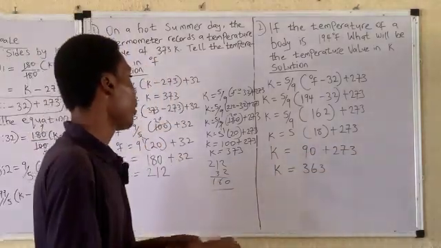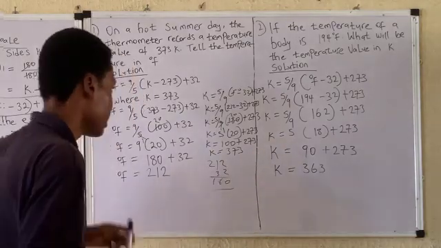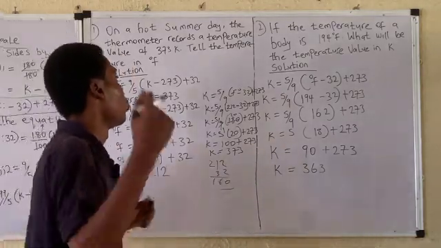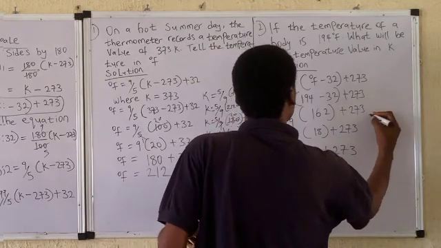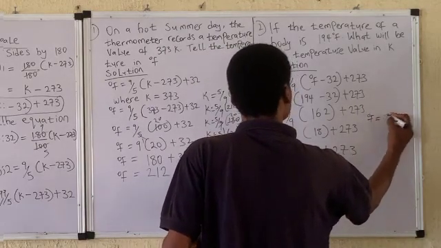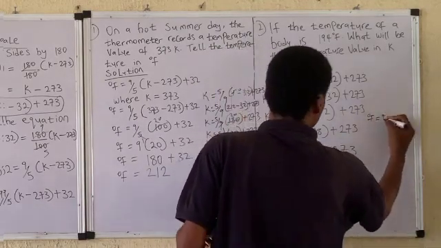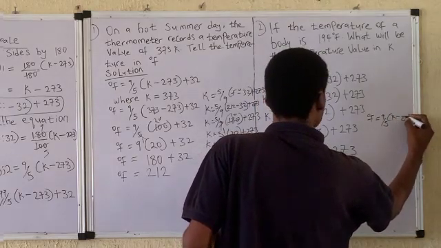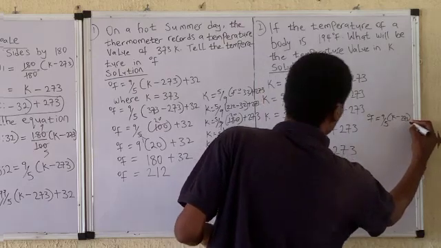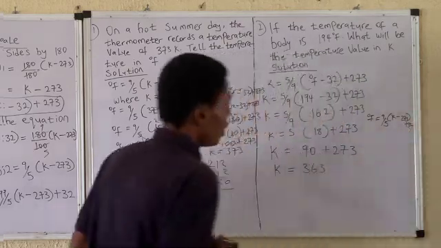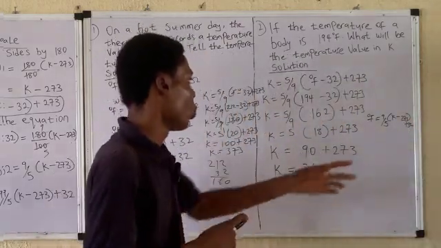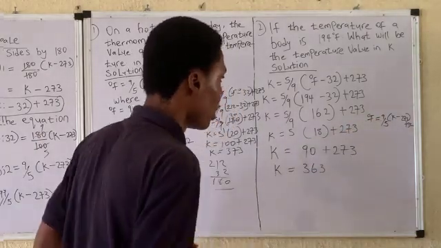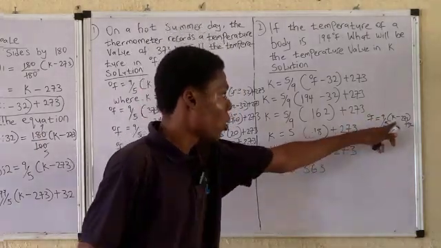Now, converting back from Kelvin to Fahrenheit using the formula, Fahrenheit equal to 9/5 K minus 273, plus 32. Converting back to Fahrenheit, we use this same formula. So what is our Kelvin?